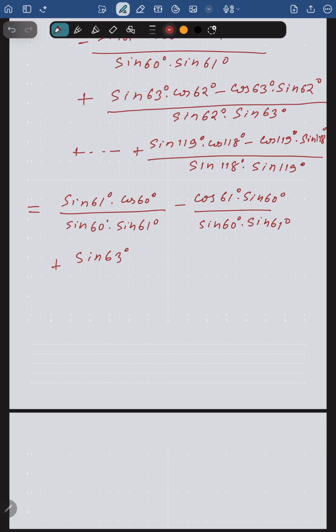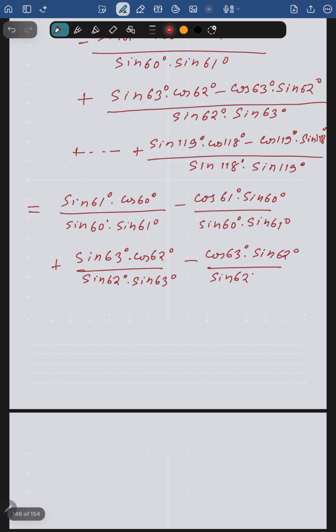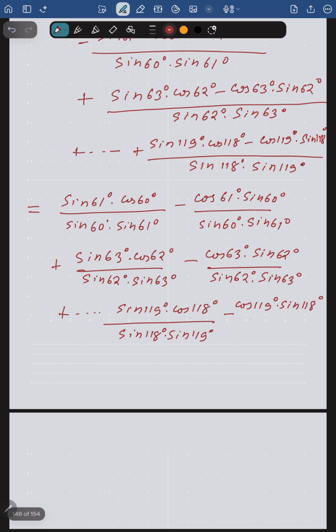Sine 63 degree into cos 62 degree upon sine 62 degree into sine 63 degree, minus cos 63 degree into sine 62 degree upon sine 62 degree into sine 63 degree, plus the last term, sine 119 degree into cos 118 degree divided by sine 118 degree into sine 119 degree, minus cos 119 degree into sine 118 degree divided by sine 118 degree into sine 119 degree.